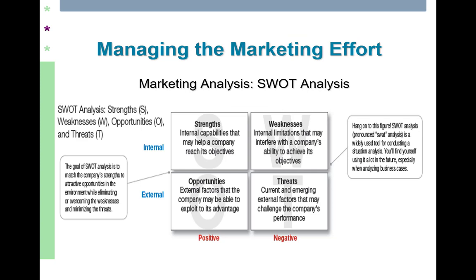Probably the one that we've all used time and time again is the SWOT: strengths, weaknesses, opportunities, and threats. Without going into the details of it, it's essentially an internal versus an external look at what you're doing.